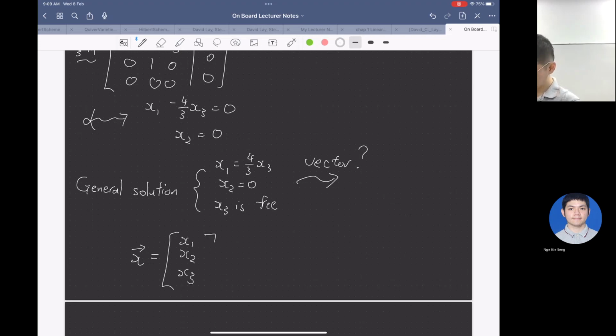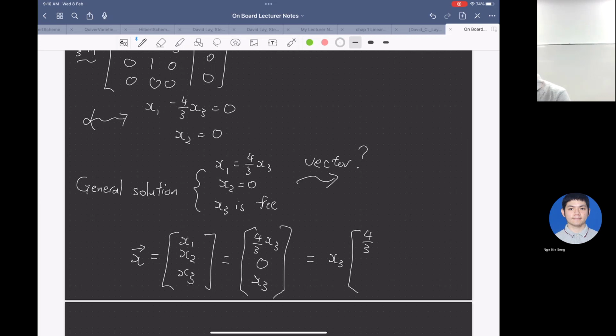Here x1 is 4/3 x3, x2 is 0, and x3 is free, so x3 can be anything. You can do the scalar multiplication to make it nicer. This is the vector you want: 4/3, 0, 1 times x3. This is the parametric vector form.